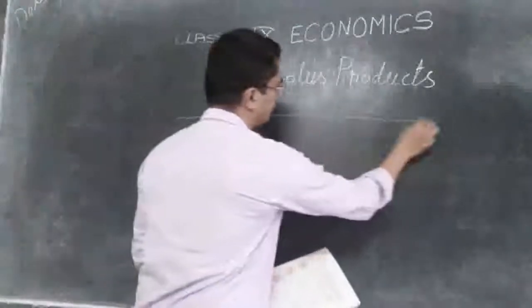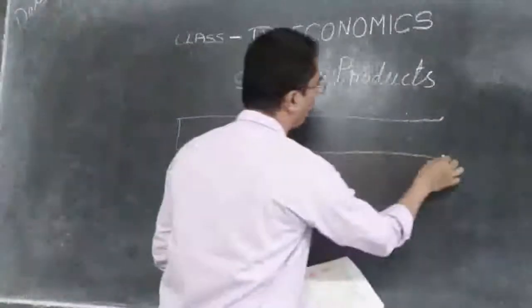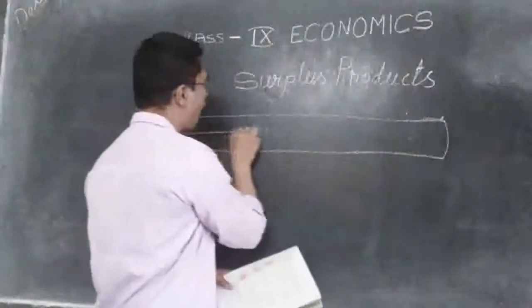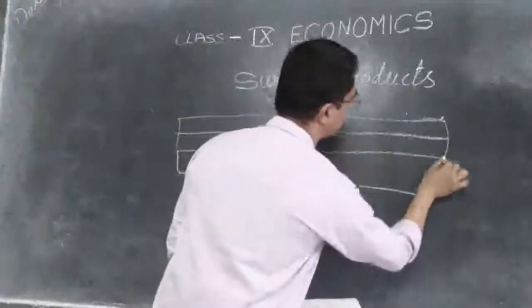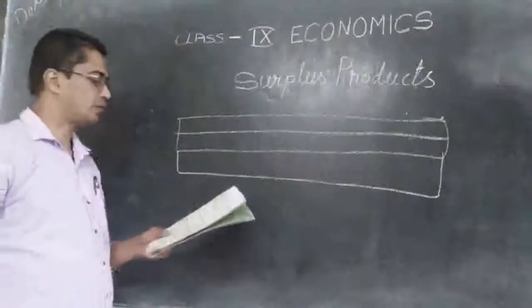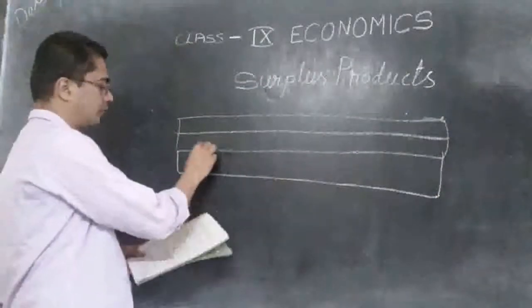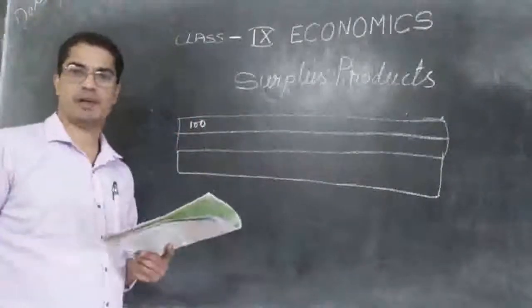In the first year, one farmer is producing 100 kilos of paddy, let us say.